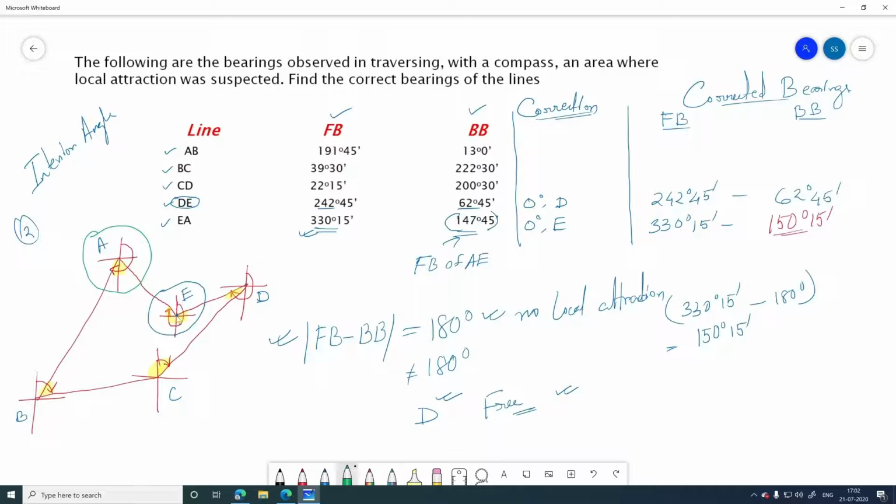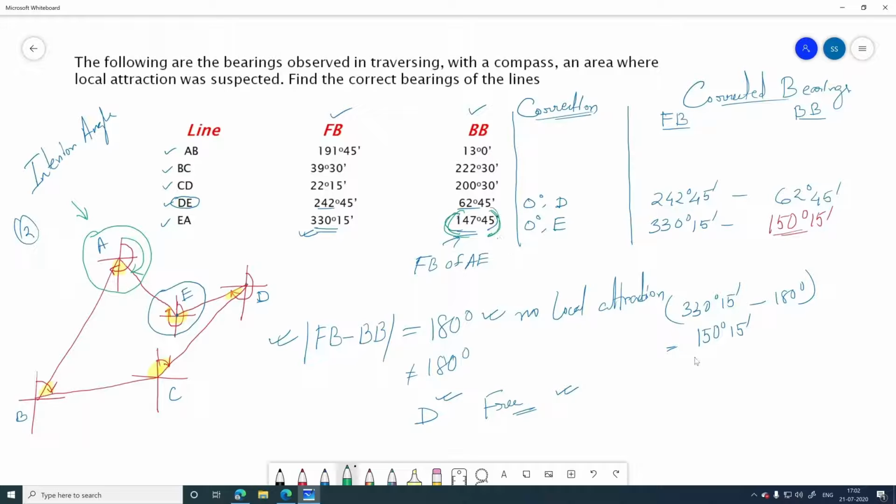Because the point E and point D are free from local attraction, right? But as we can see the back bearing value, that means the forebearing of AE, when I am watching from A to E side, some correction is required, because initially when we considered the forebearing of AE, that is 147 degree 45 minutes, right?